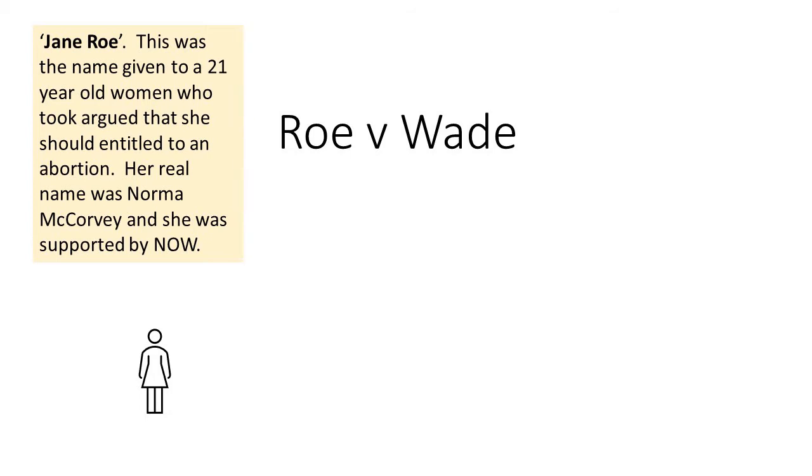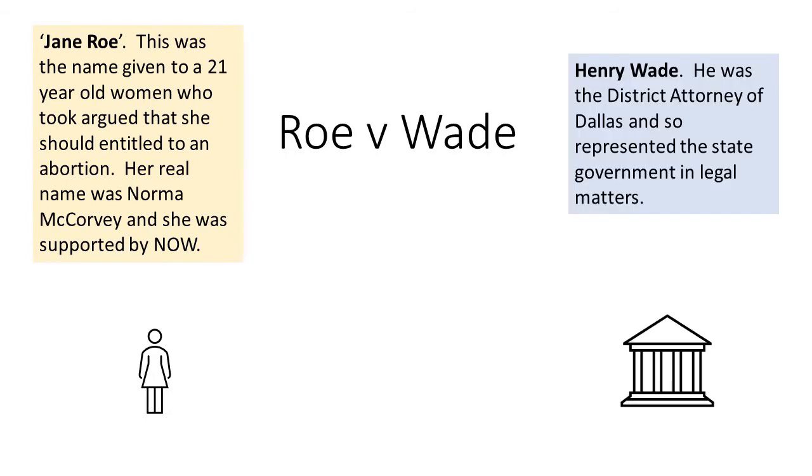Later on, it became known she was Norma McCorvey. And on the opposite side, we've got Henry Wade. He's a district attorney of Dallas in Texas, and he's representing the state government in legal matters. So whilst it's his name, it is essentially the government, but we know it as Roe v Wade.